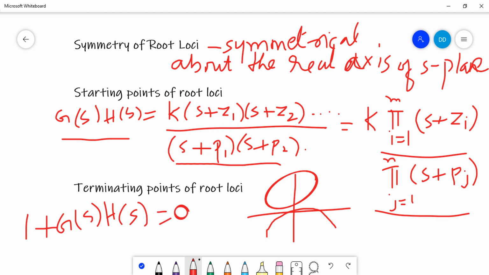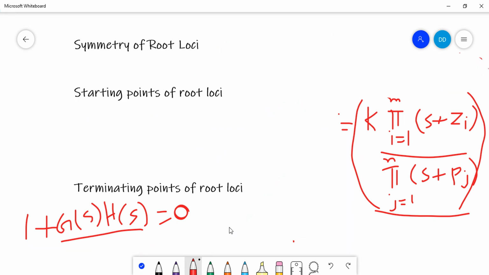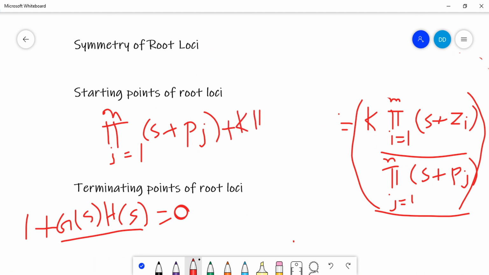So this particular open loop transfer function, if we substitute in this, we get the product over j equal to 1 to n of (s plus pj), plus K times the product over i equal to 1 to m of (s plus zi), equal to 0.